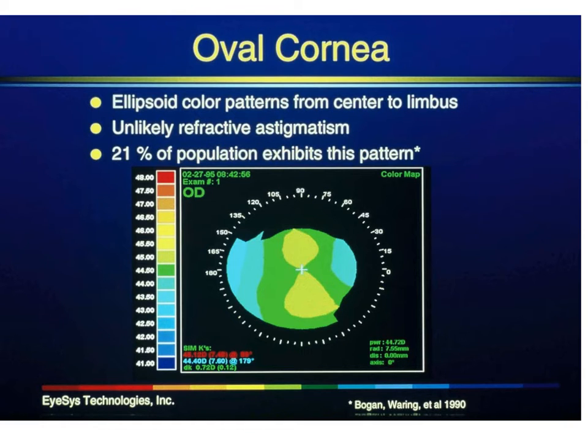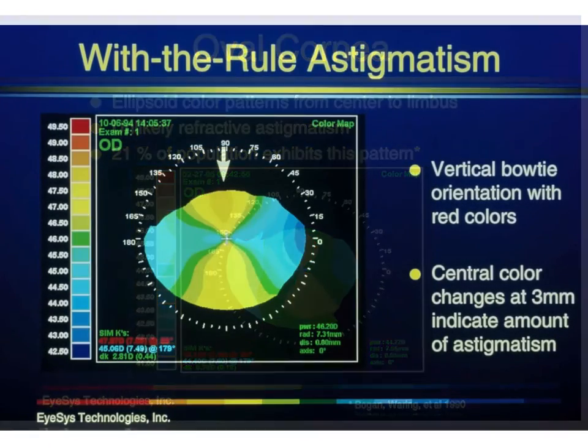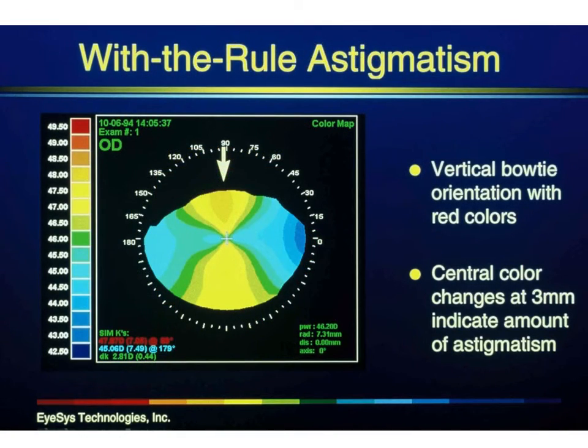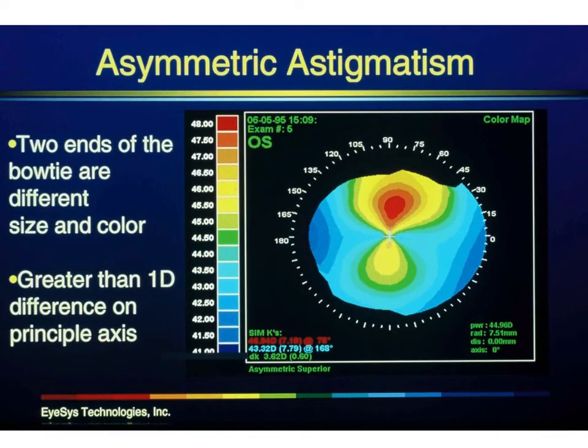So this is an eye that does not have a lot of astigmatism. This is an astigmatic eye. This is with the rule, and this is an eye that is steep vertically and is flatter horizontally. I want you to see there's a sort of a bow tie pattern or an hourglass pattern here. And this is an eye with asymmetric astigmatism.